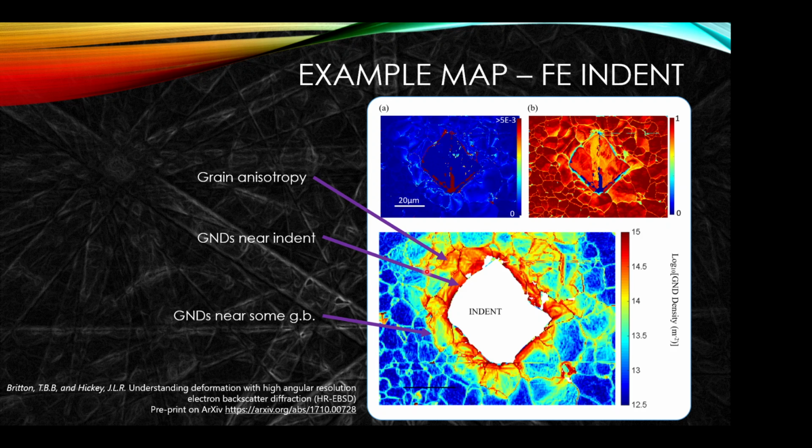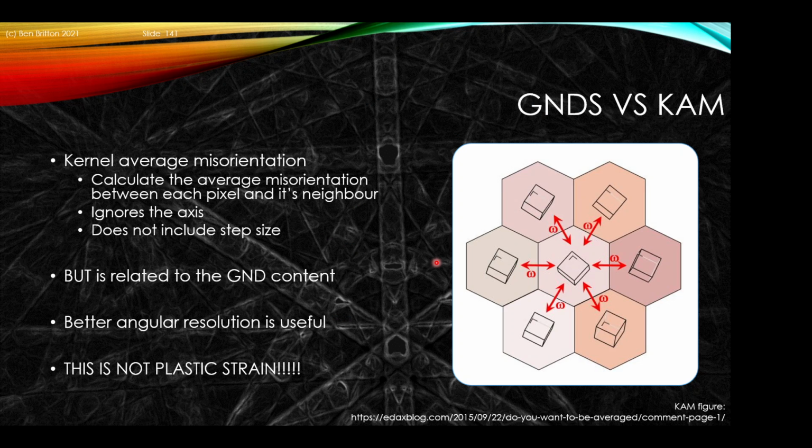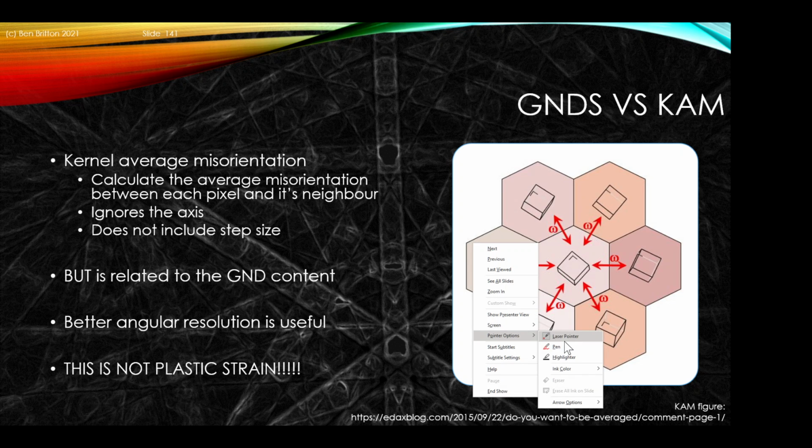This is related to the KAM. So if you imagine the KAM is describing the orientation variation of the center pixel with respect to its neighborhood. In our wedge example, so in the wedge example, we effectively have our crystal, or one example is like this.